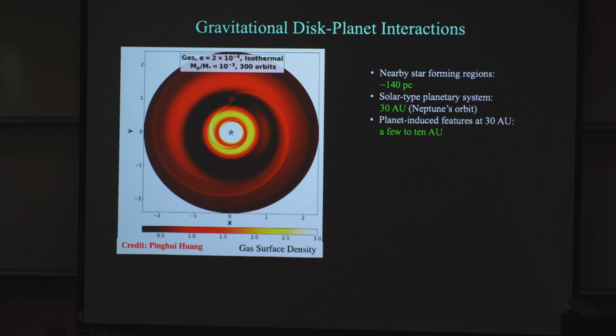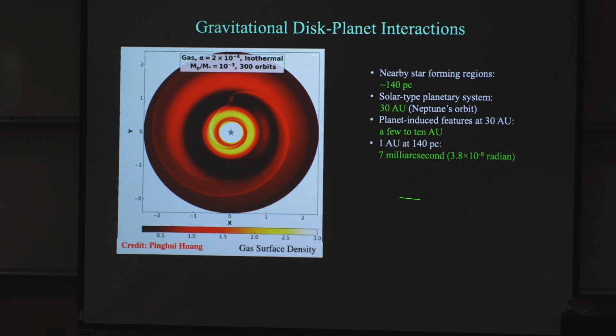And then next, the size of planet-induced structures, such as the width of the gap, is typically a fraction of the planet's semi-major axis. So for a planet at 30 AU, we're talking about a few to 10 AU. And finally, 1 AU at 140 parsec will subtend an angle of about 7 milliarcseconds, or 4 times 10 to the minus 8 radians, a very small angle.